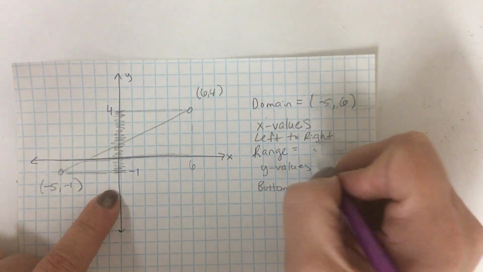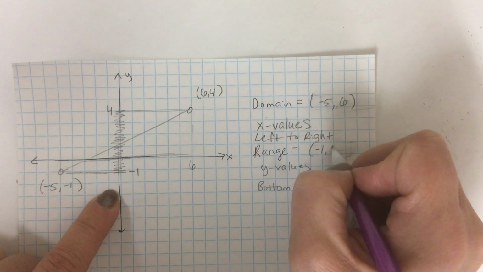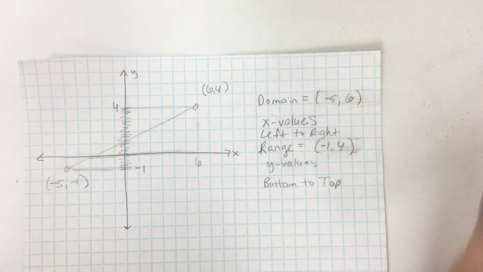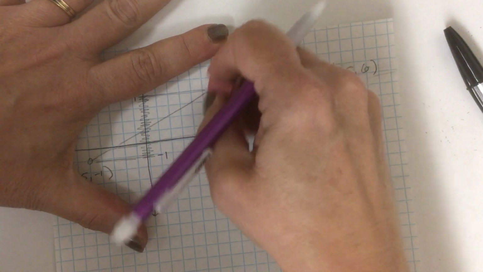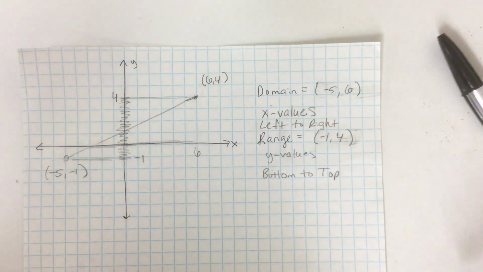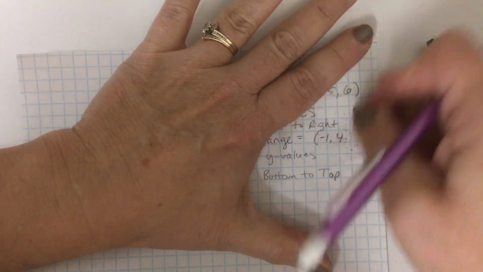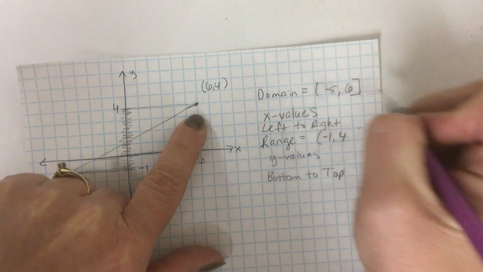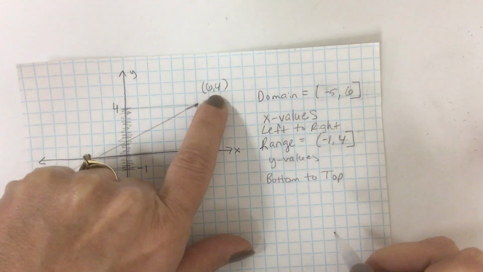Then my range, same thing, parentheses, -1 to 4 with parentheses. If I had a closed dot here, then I would have brackets on the numbers that go with that. So I'd have a bracket on the 6 and a bracket on the 4.